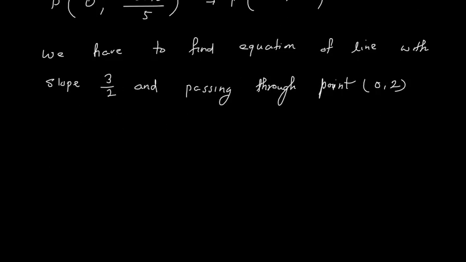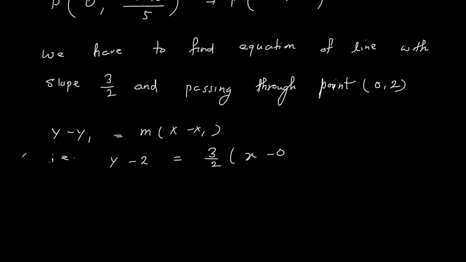So the equation of line which has a slope m and passes through some point is of the form y minus y1 is equal to m into x minus x1, that is y minus 2 is equal to slope 3 divided by 2 into x minus x1, which is 0.